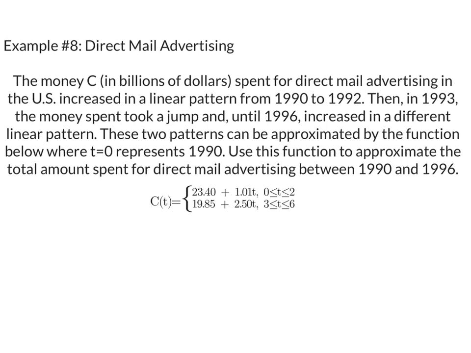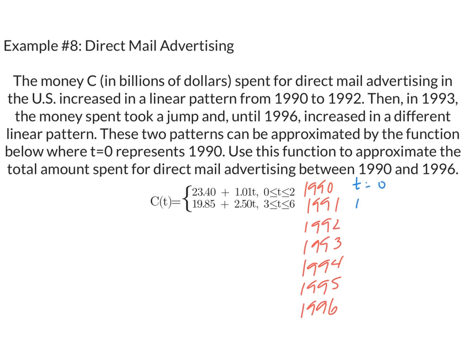If we want to know everything from 1990 to 1996, then we need to know not only 1990's information, but 1991, 1992, 1993, 1994, 1995, and 1996. Essentially, each of those represents t equals 0, t equals 1, t equals 2, t equals 3, t equals 4, t equals 5, and t equals 6.